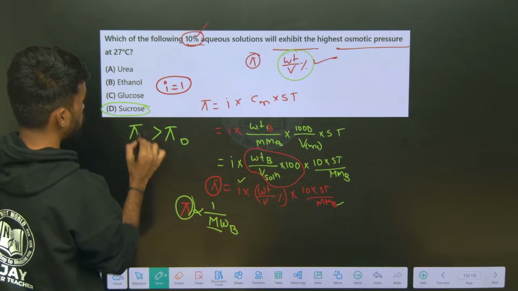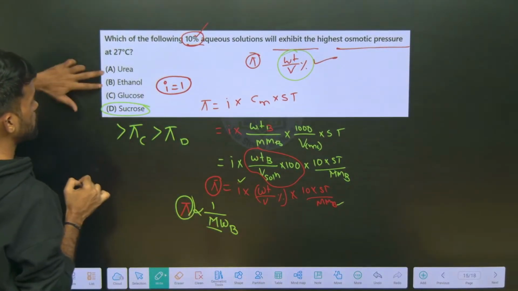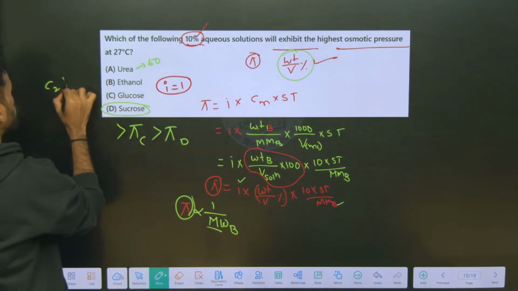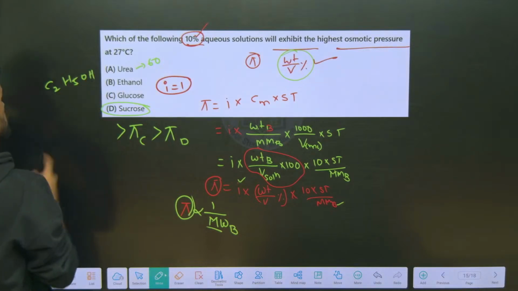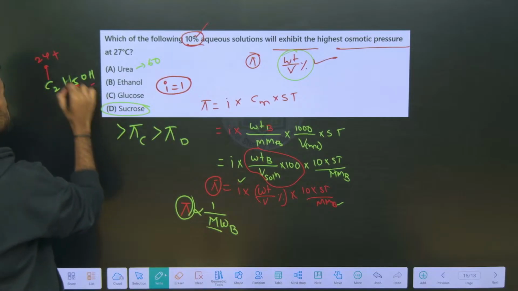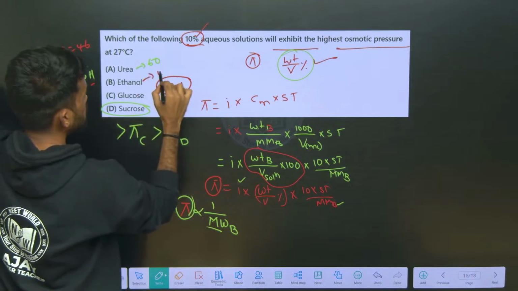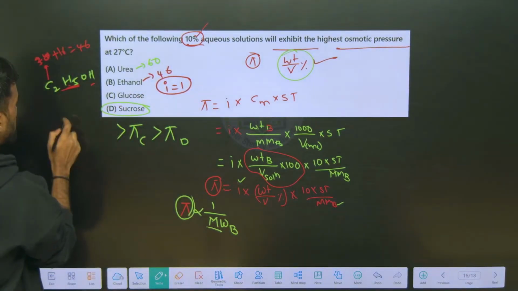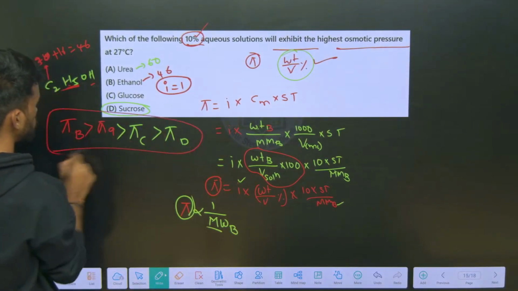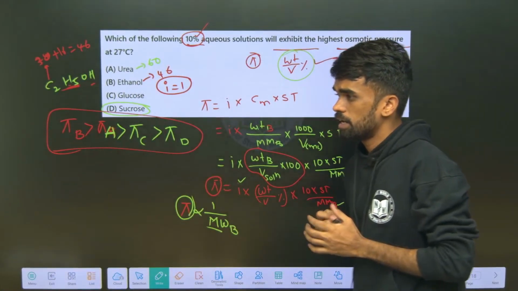Molar mass of urea is 60, and for ethanol, C2H5OH, this is around 46 I think. So this is 24 plus 5 plus 1 is 6, it means 30 plus 16, 46. So the least molecular weight is for ethanol, so that will have the highest osmotic pressure. Pi B is more than pi A, like this. Hope the answer is clear, right? Let us move forward again.